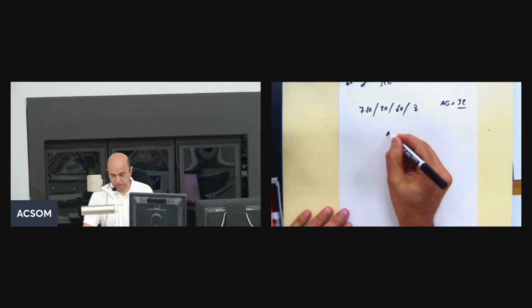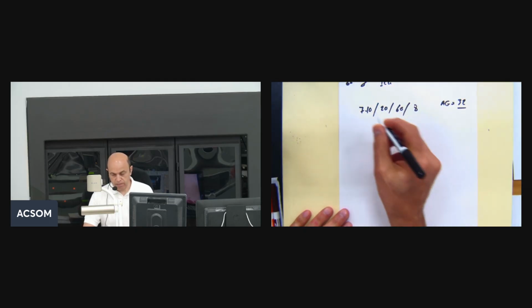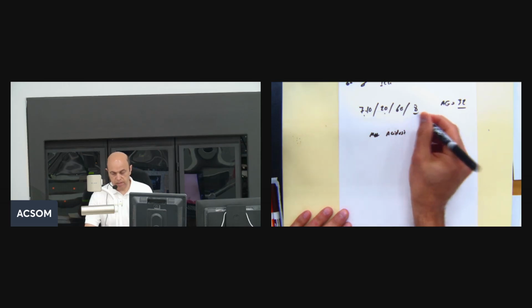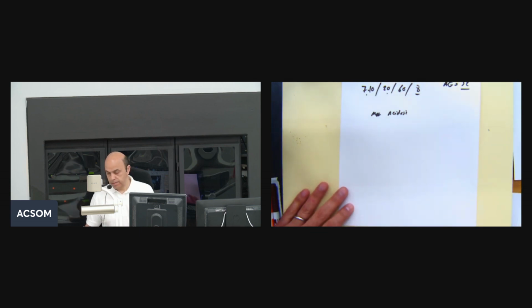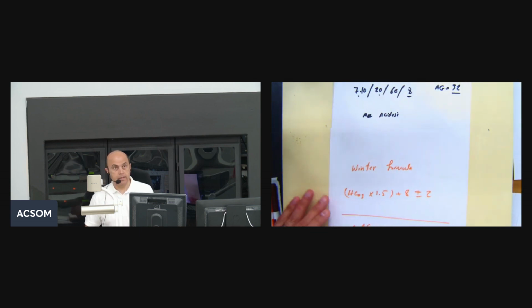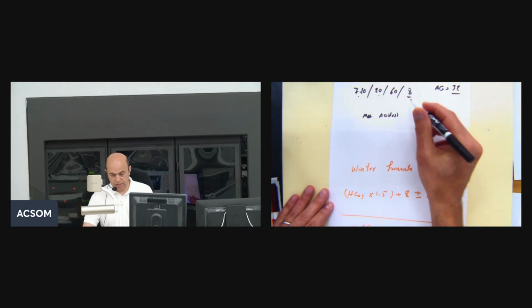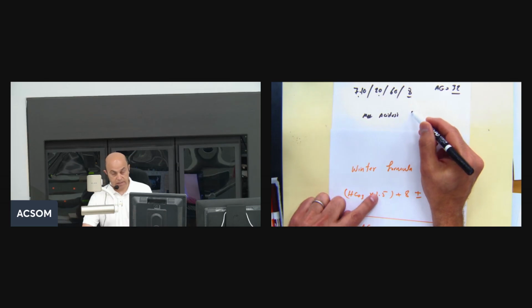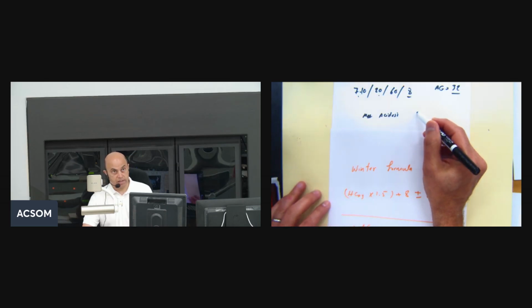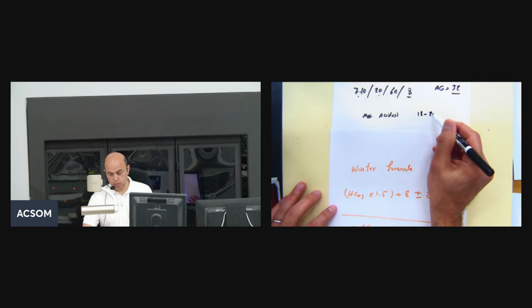Okay, so this is metabolic acidosis because of the acidosis, and this is metabolic, right? Is it compensated? Based on the Winter formula, 8 times 1.5 is 12 plus 8, 20. So it's gonna be between 18 to 22.